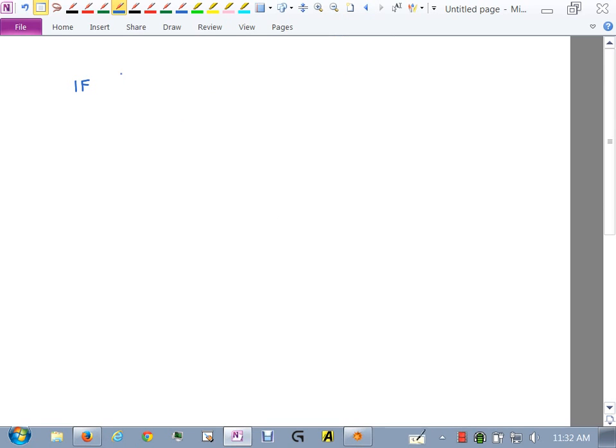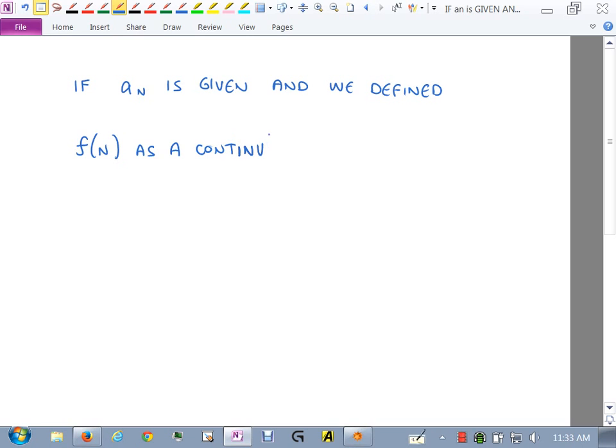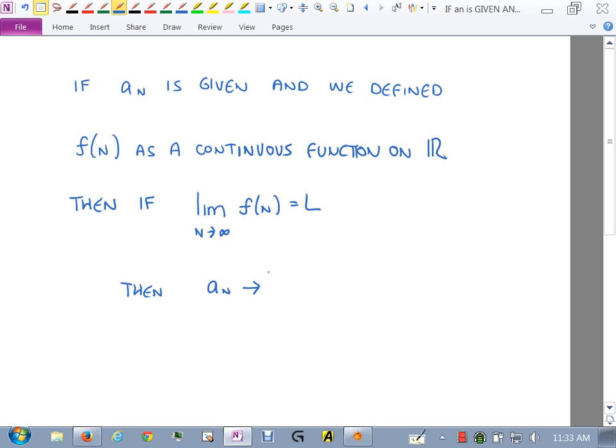If a sub n is given and we define f of n as a continuous function on R, then if the limit as n goes to infinity of f of n equals L, then a sub n converges to L.